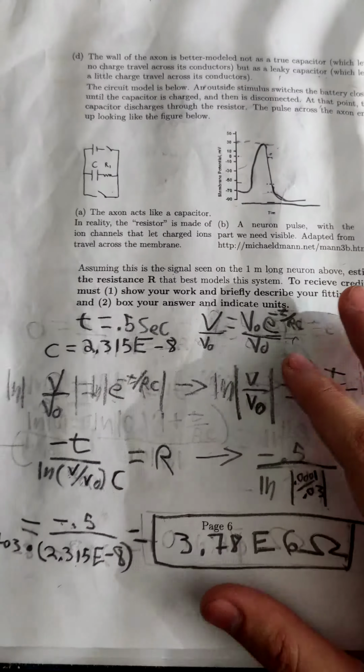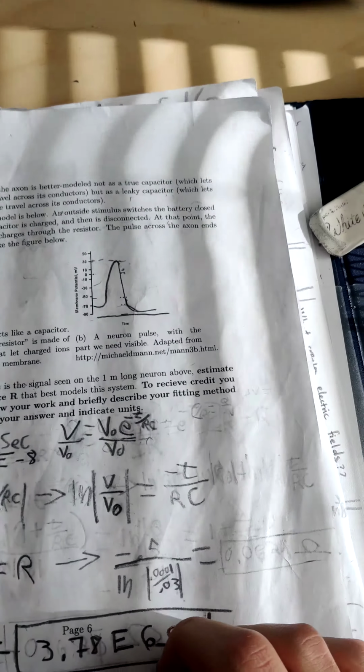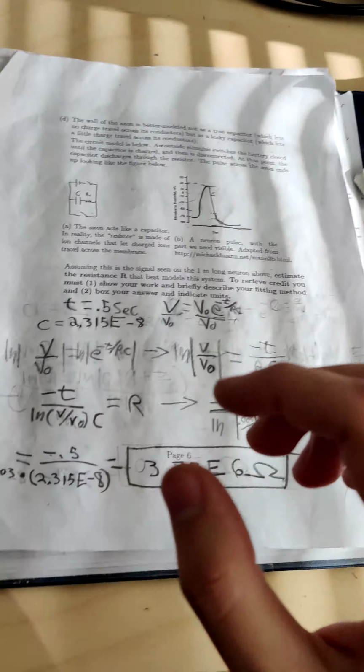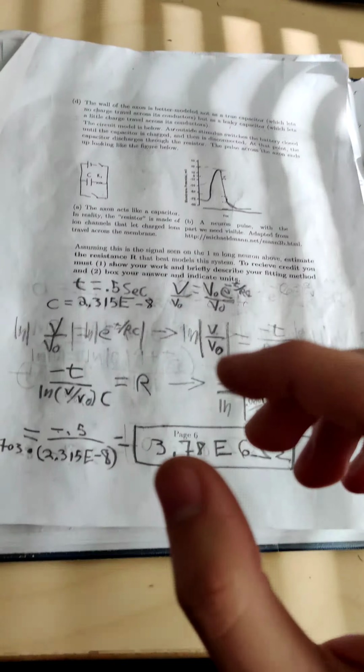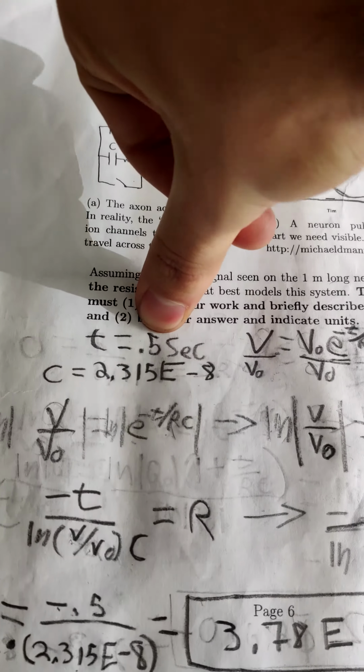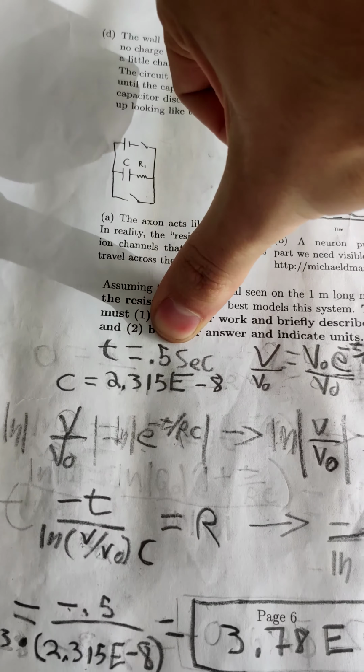And for part D, I used this formula for discharging capacitance, and since the discharge here is about 0.5 seconds, that's my time roughly, and I used my capacitance from part C as well.